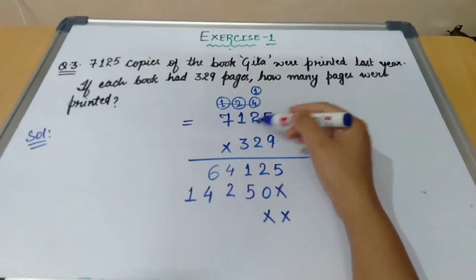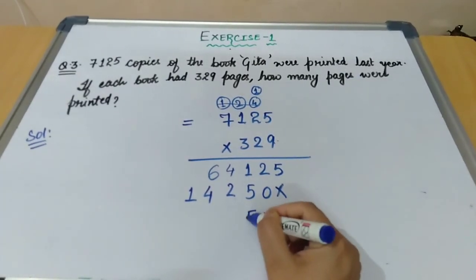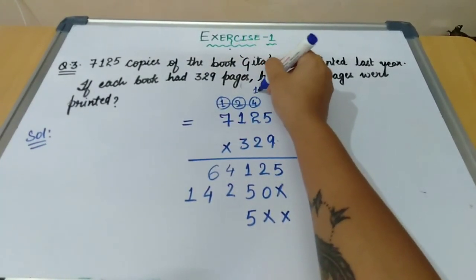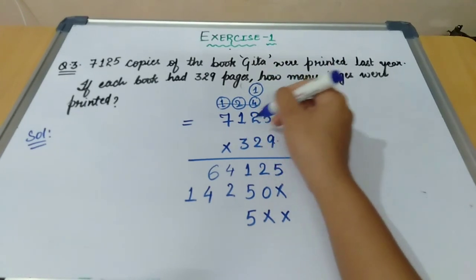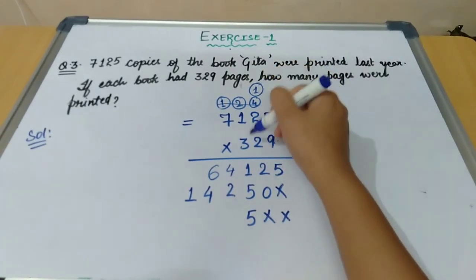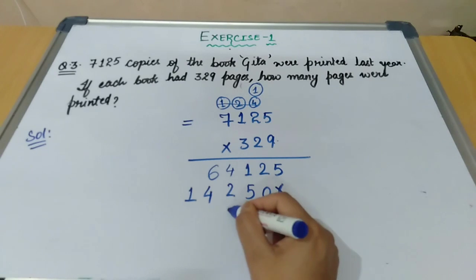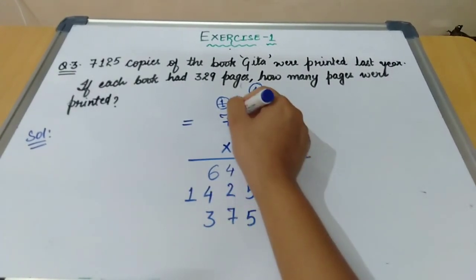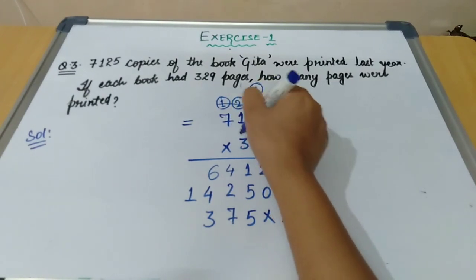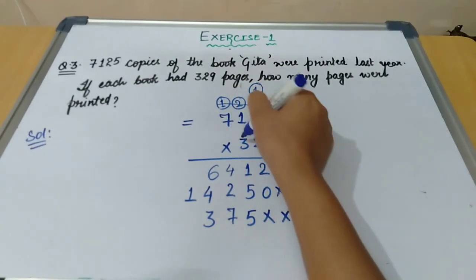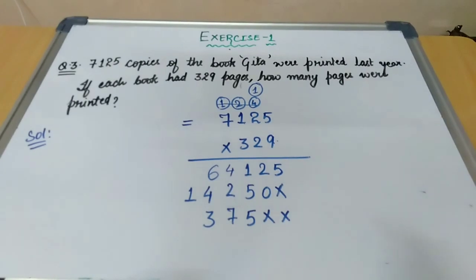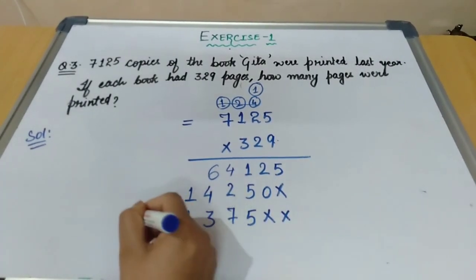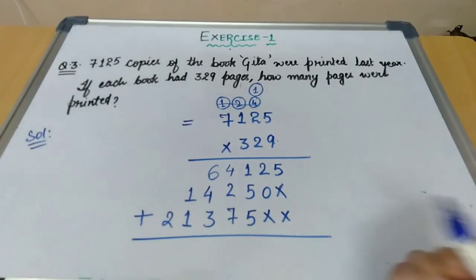We have studied the properties. 5 3s are 15, and you will put a carry. 5 and carry 1. 3 2s are 6, plus 1, 7, and 3 1s are 3. 3 will come over here. 3 7s are 21. It is easy to multiply. So you will write 21 over here.